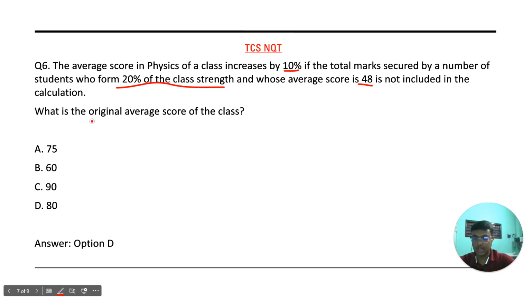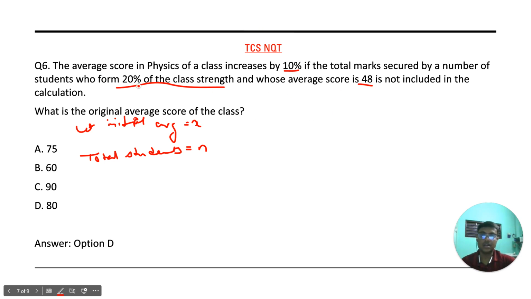First of all, let the initial average be equal to x and total students be n. Now, 20% of the class strength whose average score is 48.